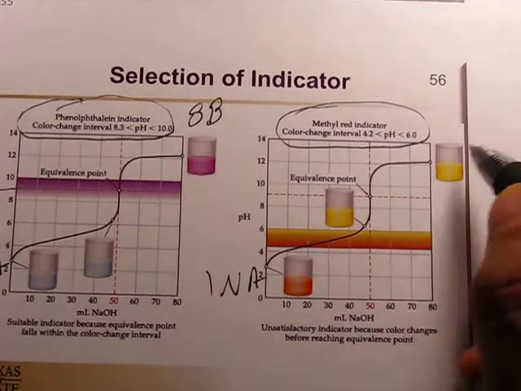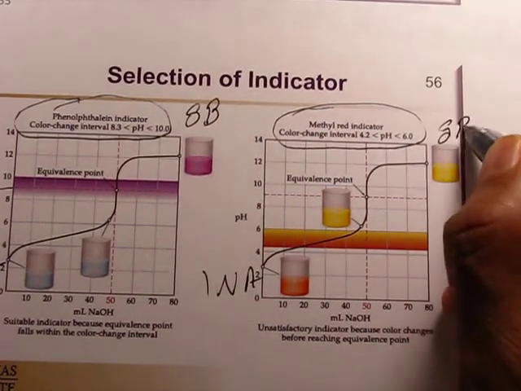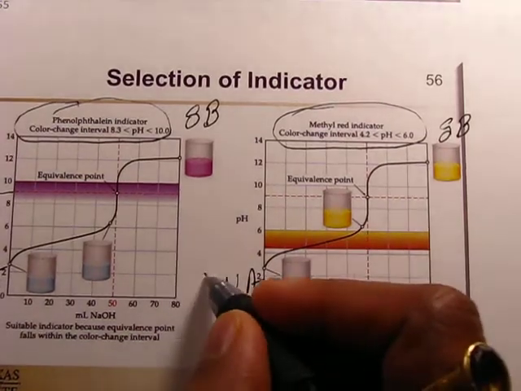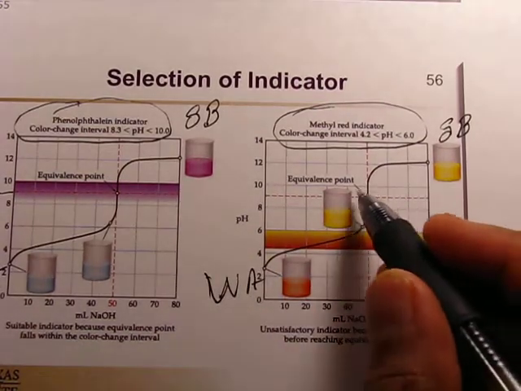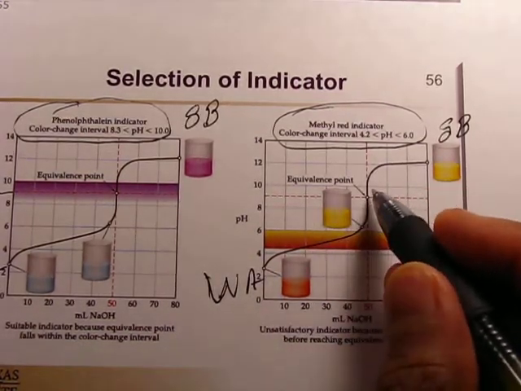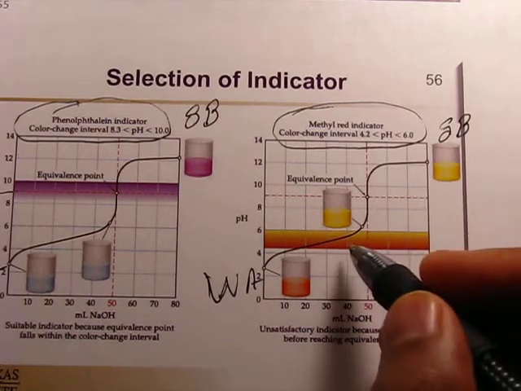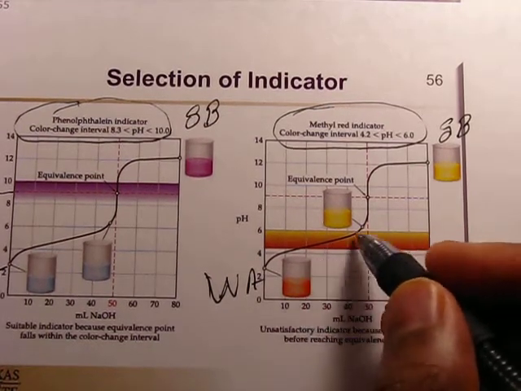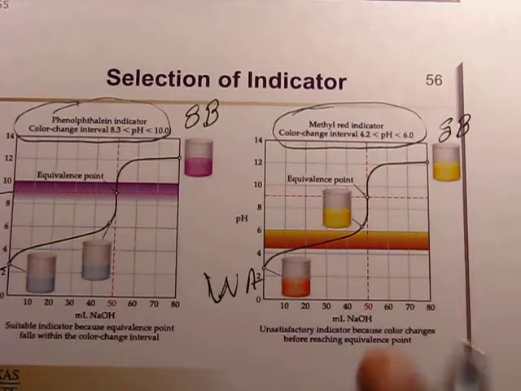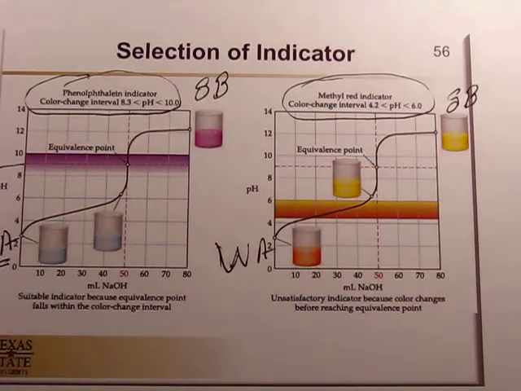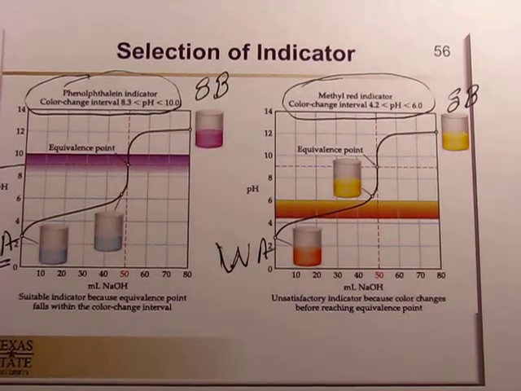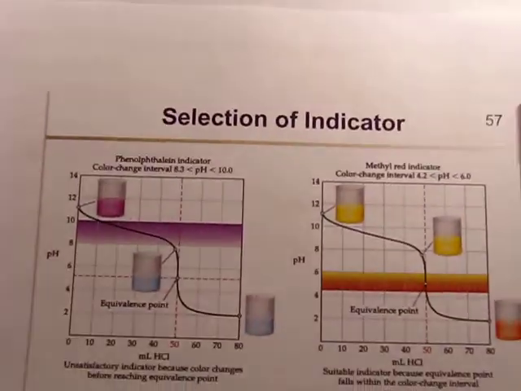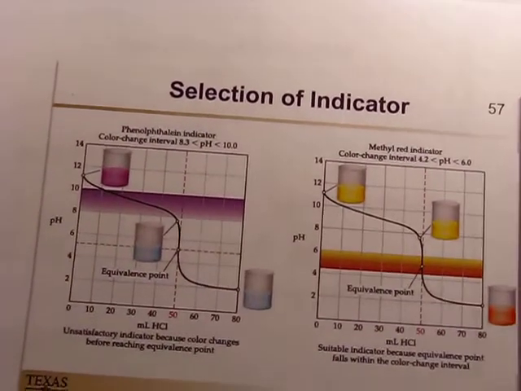If we are using strong base with this methyl red, you can see we cannot get any equivalence point color, because its color change happens only in the acidic region. That is why we have to use methyl red for some other titration.